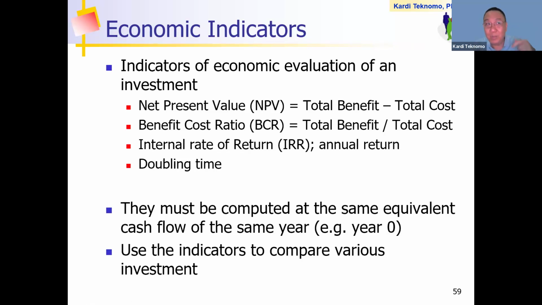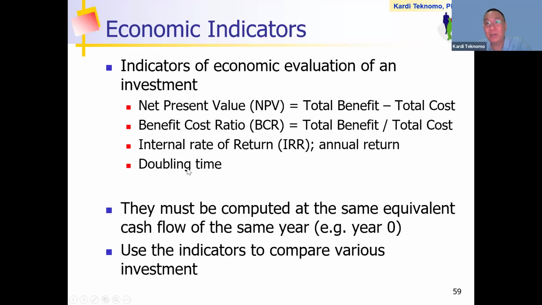You compute the cash flow of your business, you project it. If the IRR of your business is larger than the bank rate you borrow, that means your business will earn more than the one that you borrow. If the IRR of your business is lower than the bank rate that you borrow, then don't do it, of course, right?